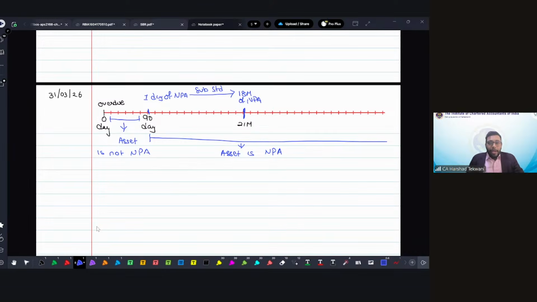Now, if that particular asset is more than 18 months, it will be counted as a doubtful asset. More than 18 months, it's a doubtful asset.